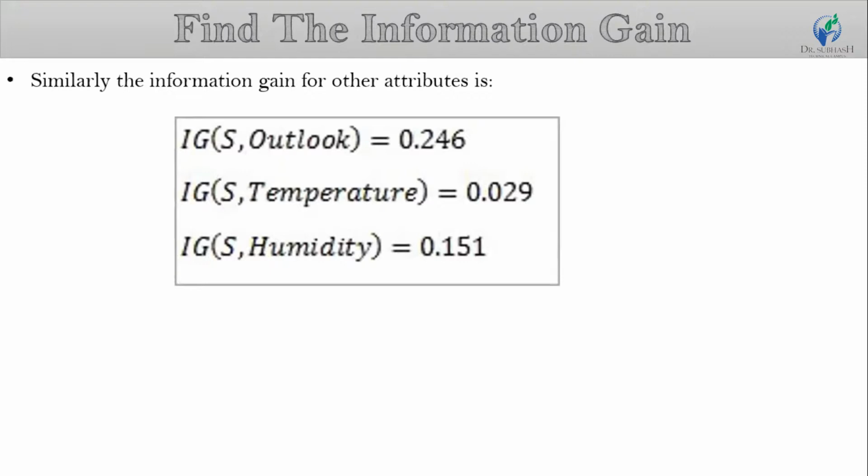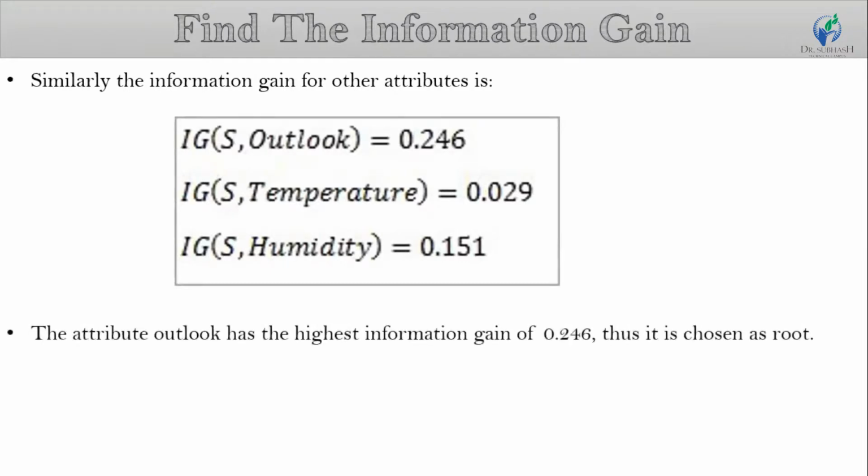For the temperature, the answer is 0.029. For the humidity, the answer is 0.151. So the attribute outlook has the highest information gain of 0.246. For that, it is chosen as our root.